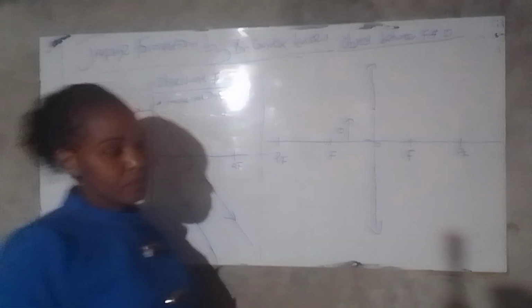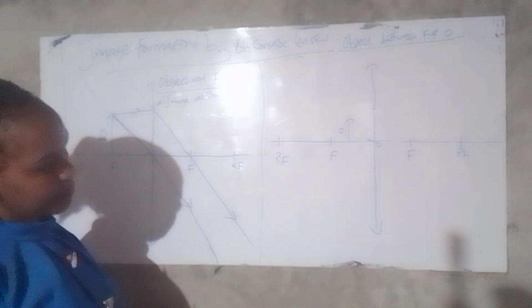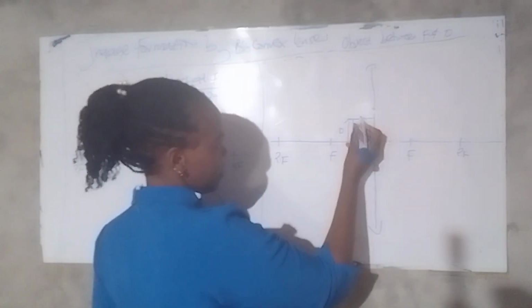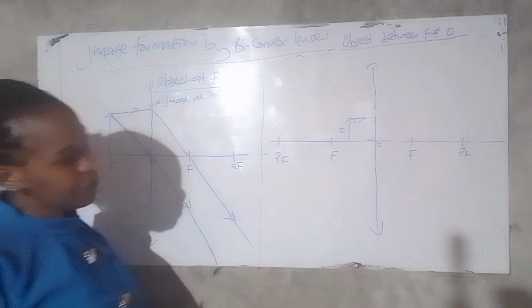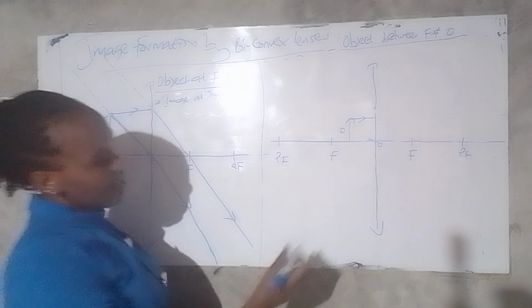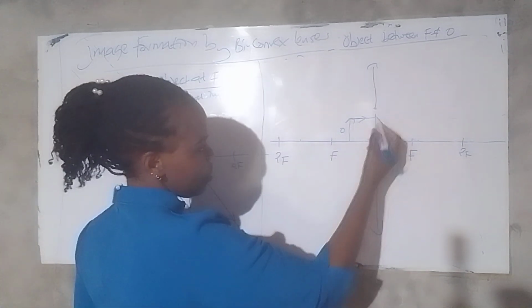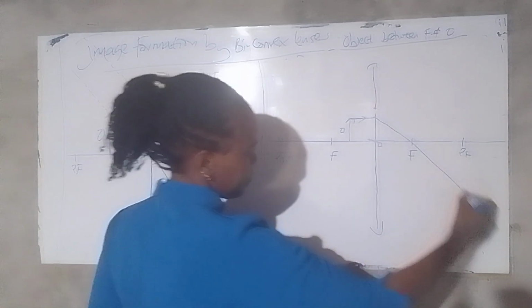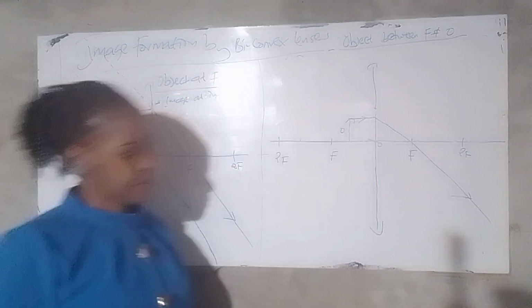Okay. So follow the same rules. The first rule, the ray is parallel to the principal axis, coming from the tip of the object, and that ray should be refracted through the principal focus. Something like that.